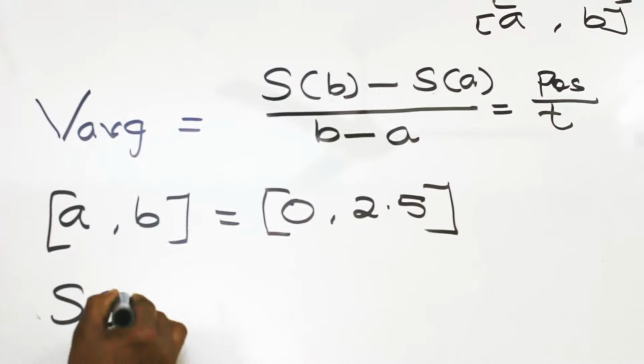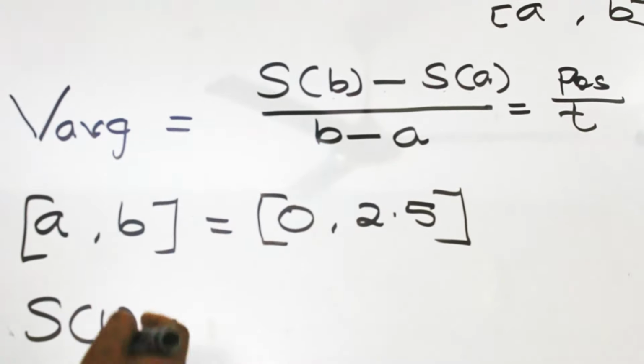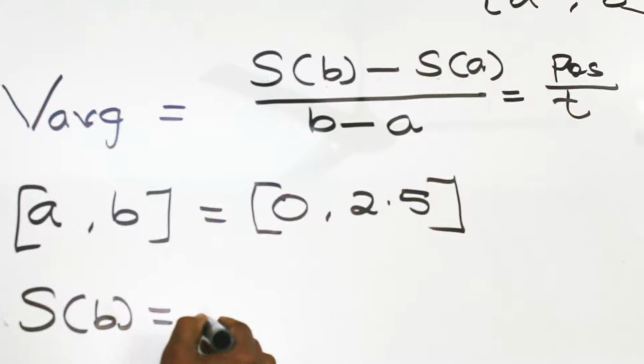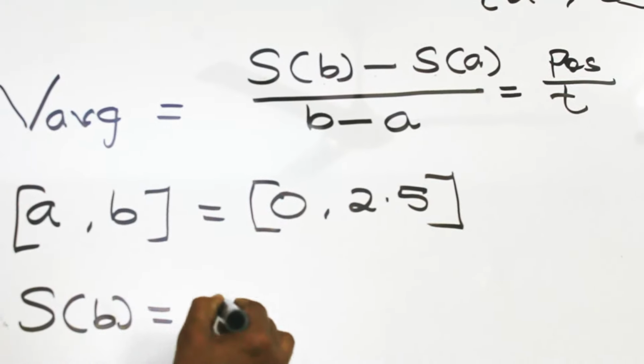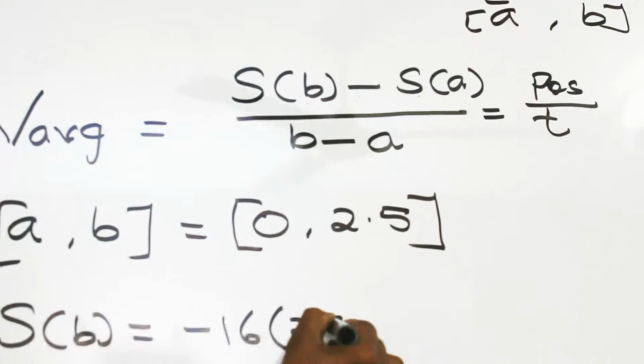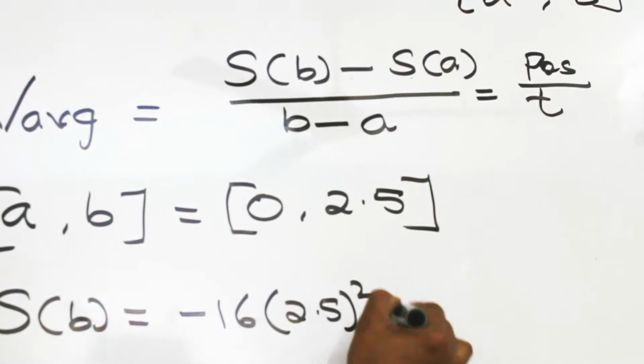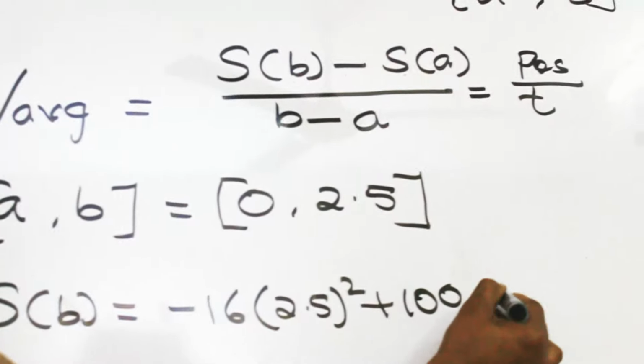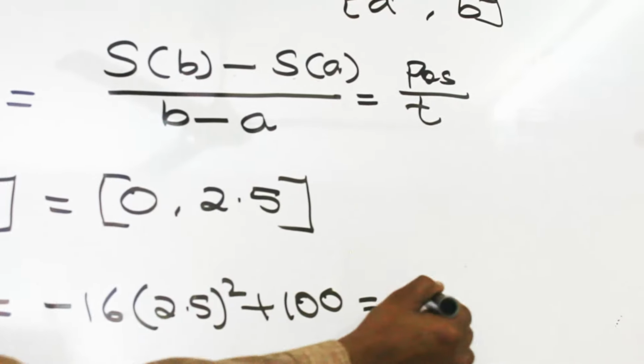S of B, where B is 2.5, is equal to minus 16 into 2.5 squared plus 100, which equals 0.